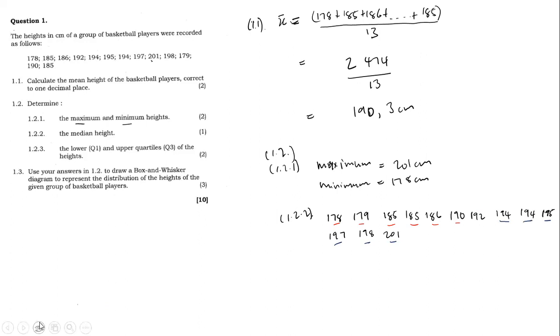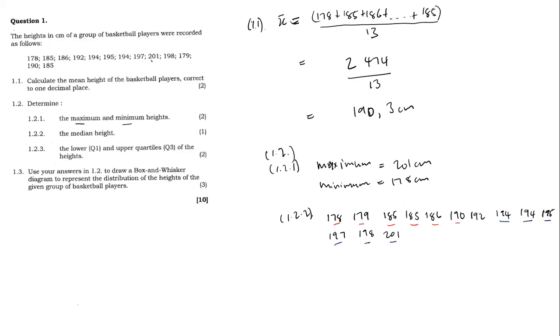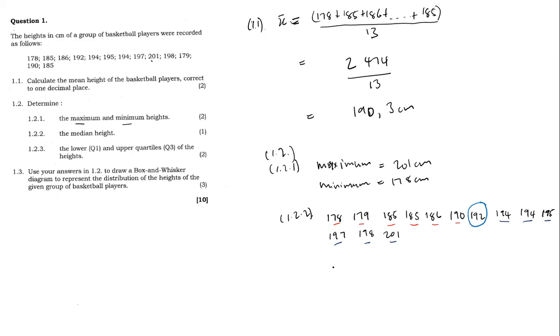First 6, second 6, and there is a middle number. The middle number in this case will be 192.